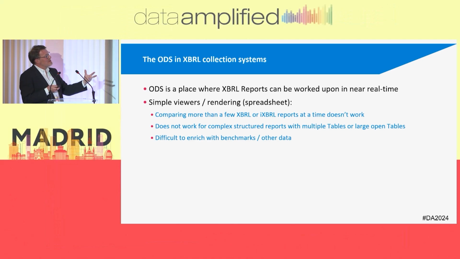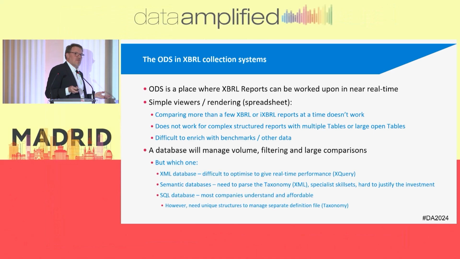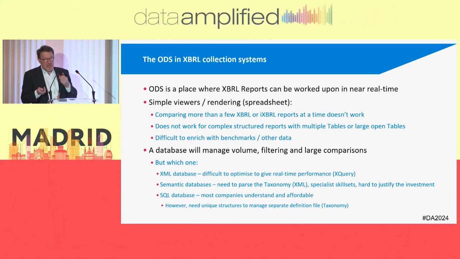And so it's also difficult to enrich with other benchmark data when you're reading them as an XBRL rendering. So you probably all know the answer. It's a database. A database will help us with the filtering, the comparison, all of those things, running ad hoc queries. That's what a database does.